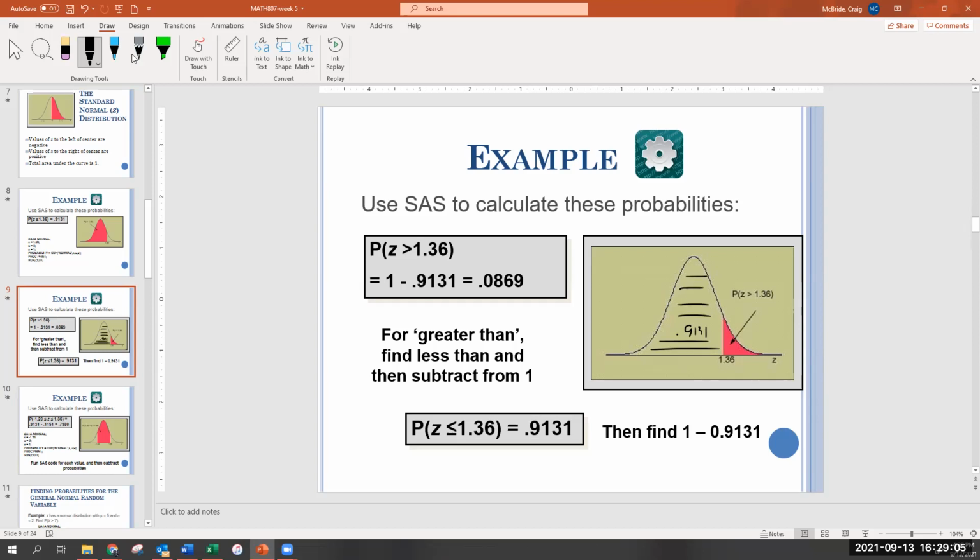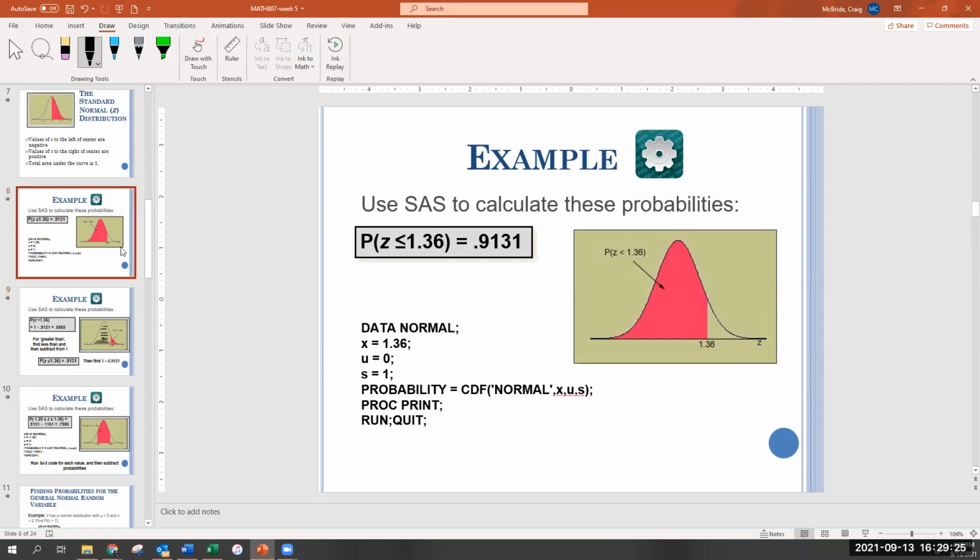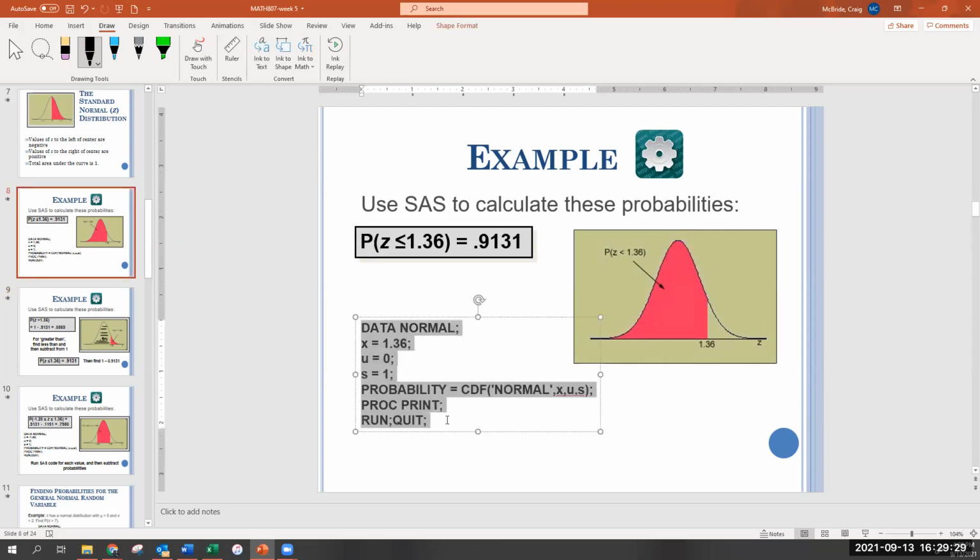So when we have two of the equations together like that, is one of the probabilities subtracted from one and the other one we don't? Well, you only have 3 situations. If you're asked to find a less than, you just run it, and that's it.